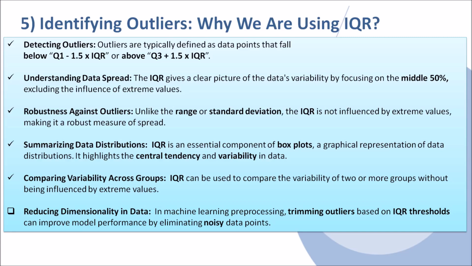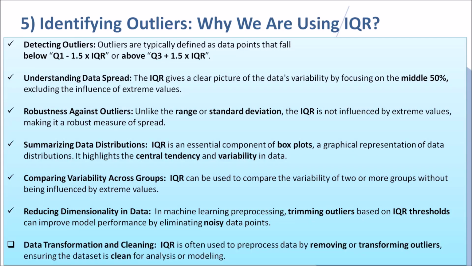In machine learning preprocessing, we need to remove the outliers. If we remove the outliers based on the IQR threshold, it can improve the model performance and eliminate noisy data points as well. Finally, the IQR is often used to preprocess data by removing or transforming outliers, ensuring the data is clean for analysis or modeling.